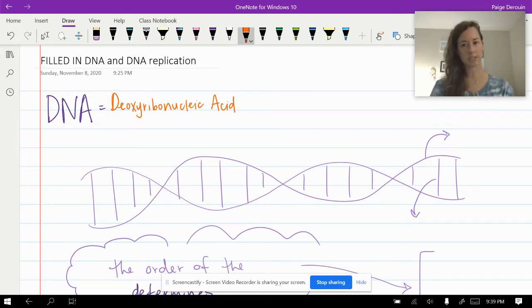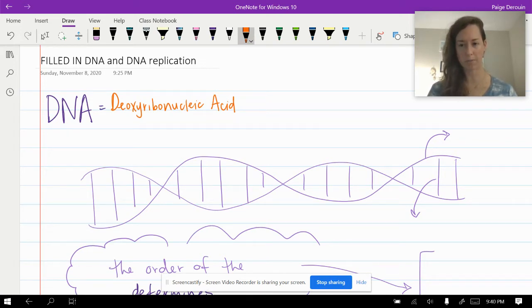So it's a really interesting science. A lot of times it falls under genetics or genomics, but we'll talk more about it as we get into some more stuff later on this fall and spring. But just so you know, the knowledge of DNA hasn't been around for a super long time.